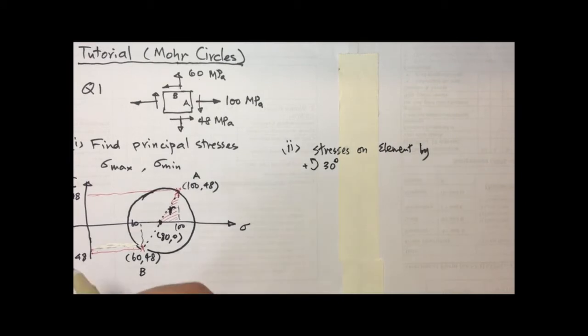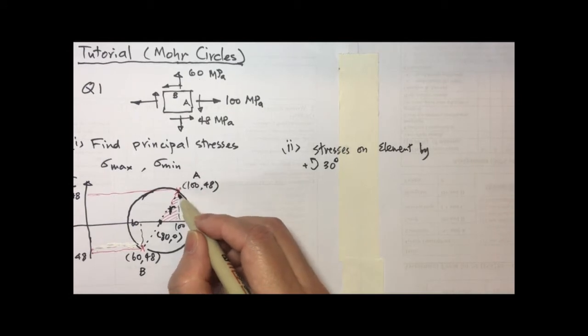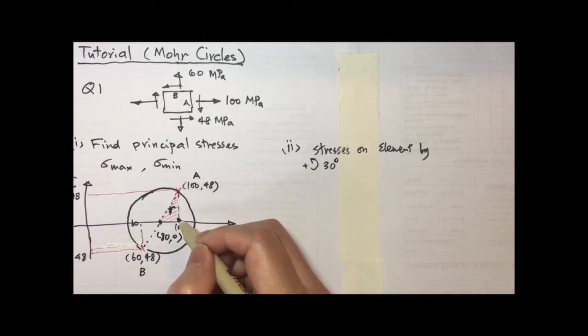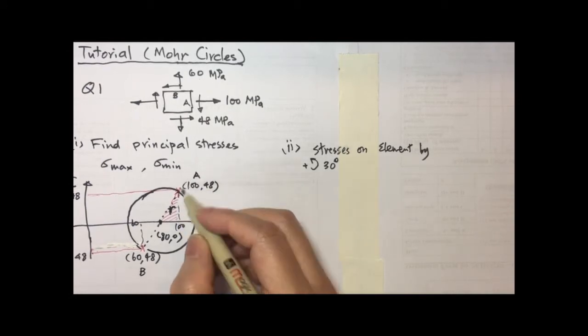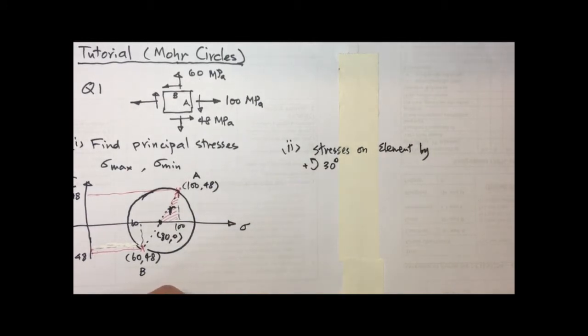Now can you find the radius? Because what's the value here? That's 48, right?